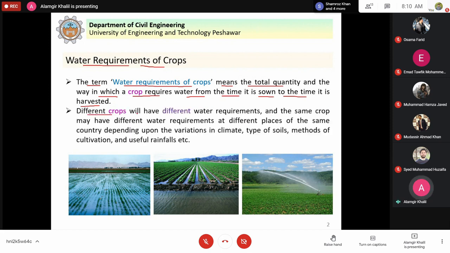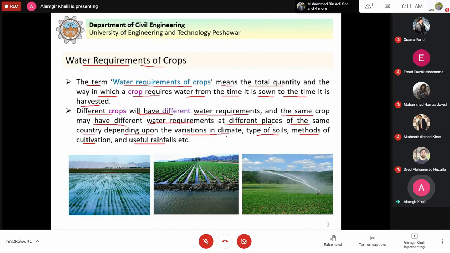Different crops will have different requirements, and the same crop may have different water requirements at different places of the same country, depending upon the variations in climate, type of soil, methods of cultivation, and useful rains that fall over the crops during the growth period.